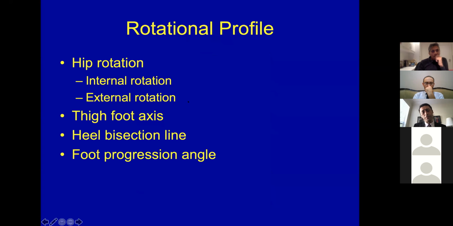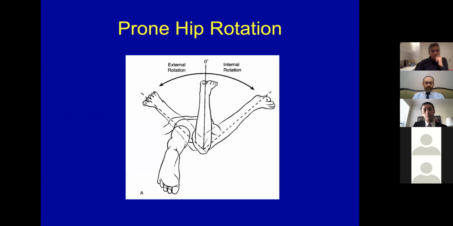Once you finish the gait and look at the child standing, you do the formal clinical exams. You look for the hip rotation, internal or external rotation, the thigh-foot axis, and the heel bisector line, and we already did the foot progression angle. We like to do the examination in a prone position, with the kid face down, with the hip in extension, to do the hip rotational profile.